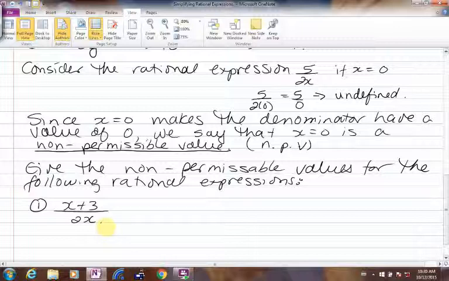All right, so this first one, x plus 3 all over 2x. What values for x would make the denominator equal to 0?